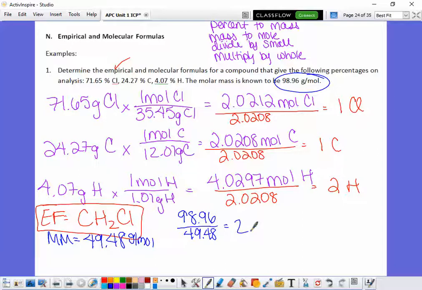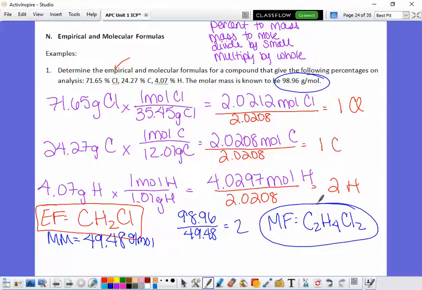Which we then distribute through the empirical formula to get our molecular formula, which would be C2H4Cl2. Is this all coming back to you? It should be. Okay?